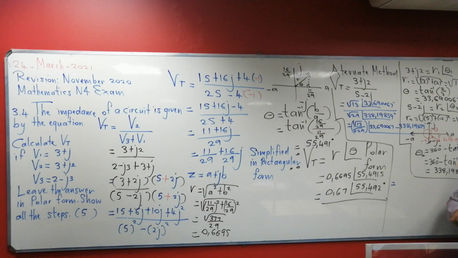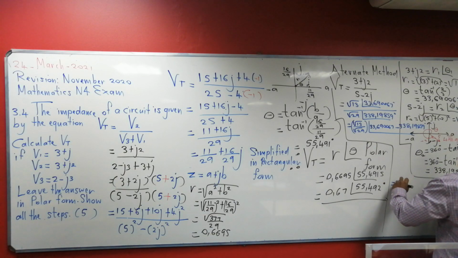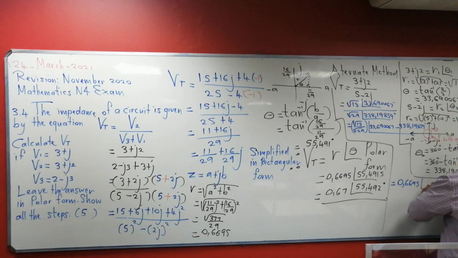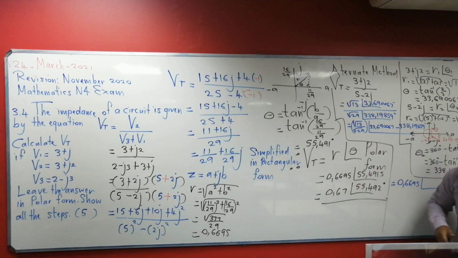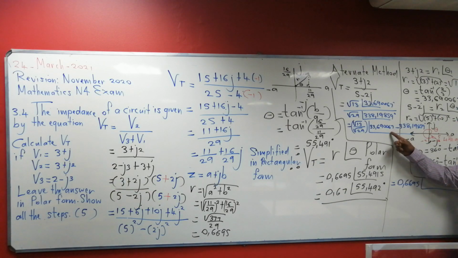And you get exactly what we got there, which is the square root of 377 over 29. Let me just round this off, which is 0.6695. So you can see there's just 0.6695. We are doing top divided by bottom, exactly the same thing there. Now let's do the subtraction.